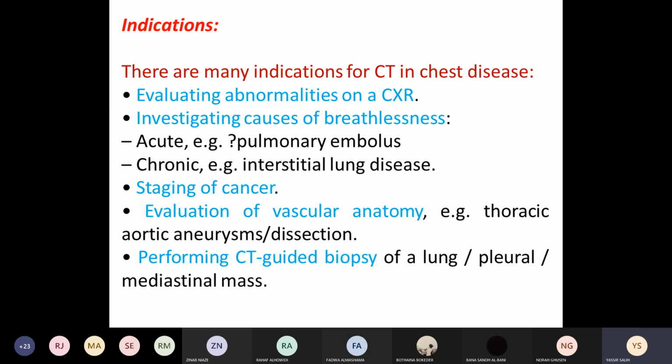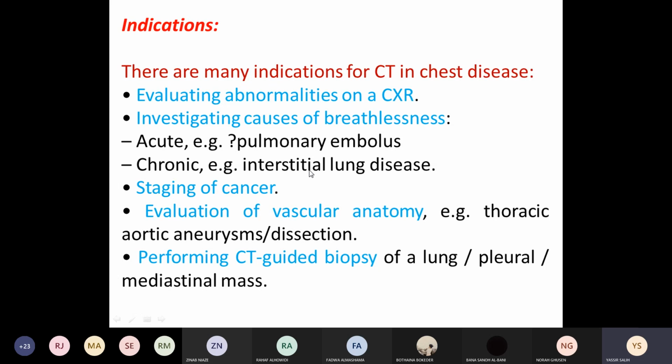Investigating cause of breathlessness, for example, patient with pulmonary embolus. لأنه إذا البيشنت جاب pulmonary embolism, the investigation of choice is pulmonary angiogram. The best technique for investigation of pulmonary embolus is pulmonary angiogram, or for interstitial lung disease برضه ممكن chronic lung disease. This is the CT is mandatory to be done.